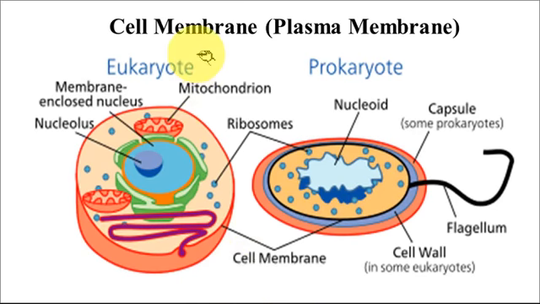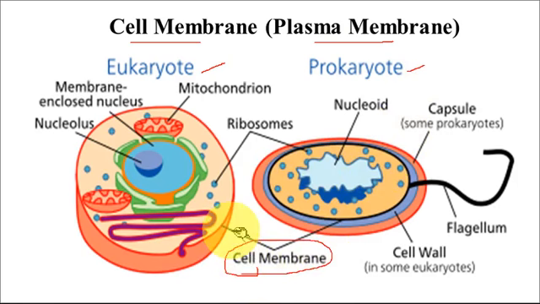Here in this diagram you can see the cell membrane, that is the plasma membrane, in both a eukaryotic cell and a prokaryotic cell, where the cell membrane is the layer that surrounds the cytoplasm along with the other cell organelles present inside a cell.